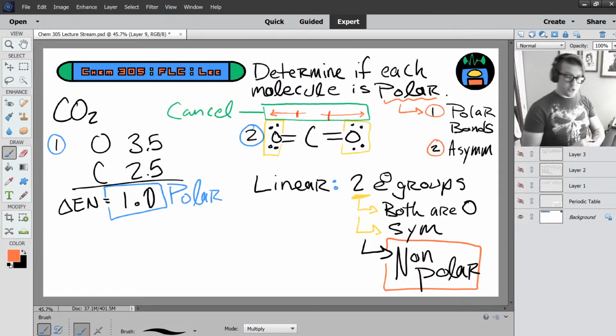All right, so CO2 is a nonpolar molecule.